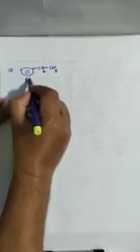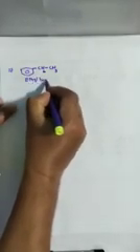Ethyl group means CH2CH3. So benzene is substituted with CH2CH3, and this we are calling ethyl benzene.